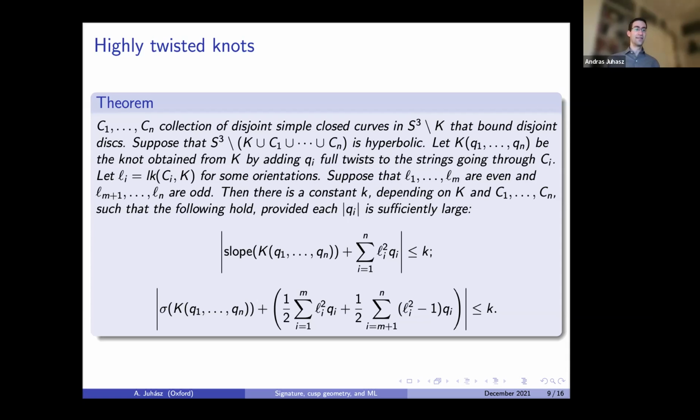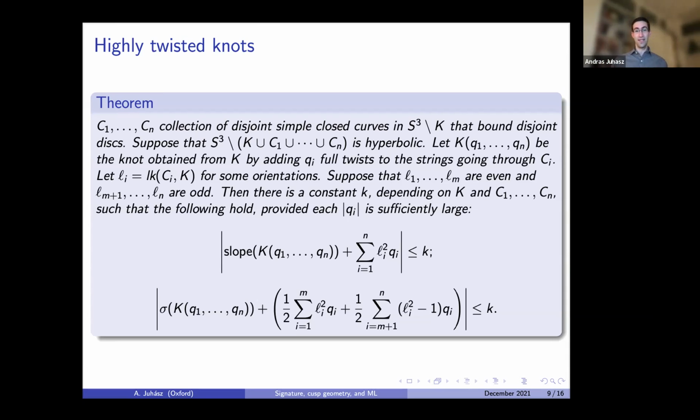And if Li is the linking number between Ci and the knot for some orientations, then some of these Li's will be even, and we can assume that the first m of these are even and the rest are odd.